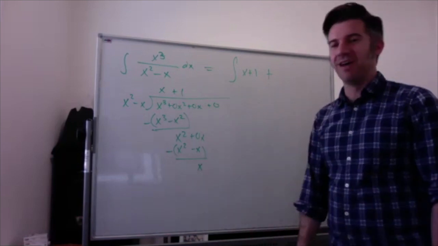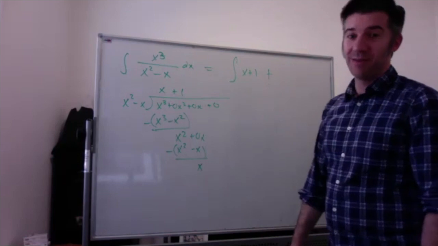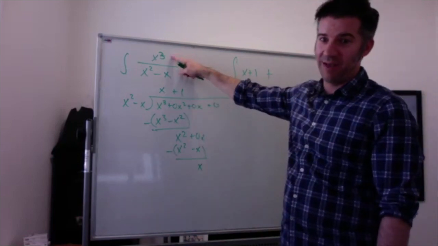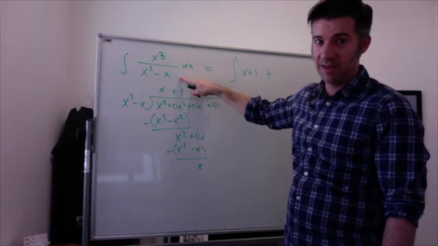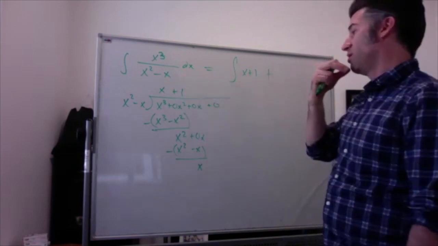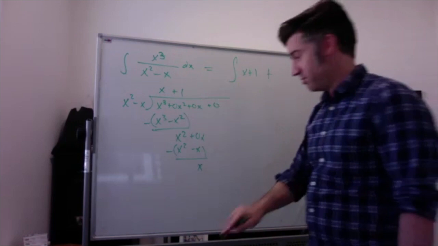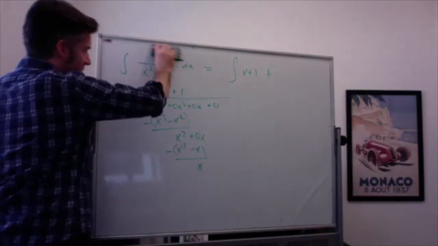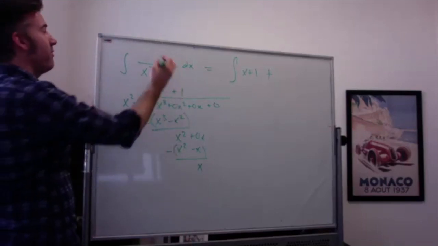I picked a dumb problem. Why is this dumb? Because I could totally factor out an x on top and an x on the bottom and cancel an x. Okay, I'm going to fix it, like Fix-It Felix. I really enjoy Wreck-It Ralph, it's a good movie.